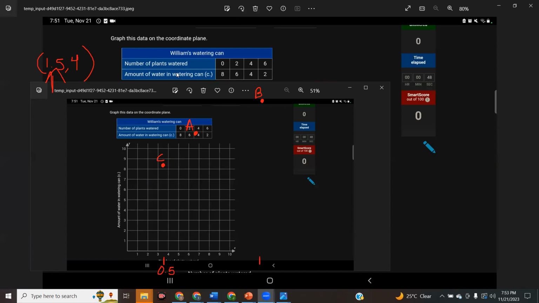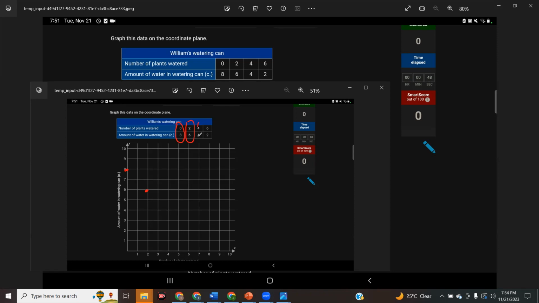Why don't you just go and view the example? That helps. I'll try it. But let me quickly do it since I already have it up. This is the point 0.8. This is the point 2.6.